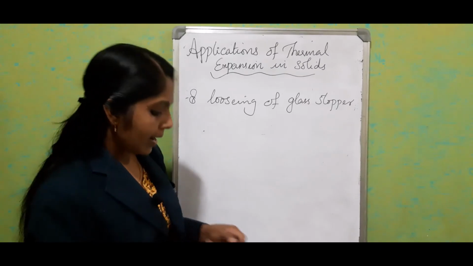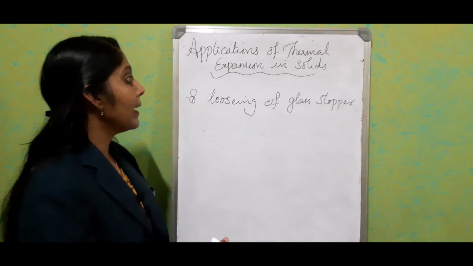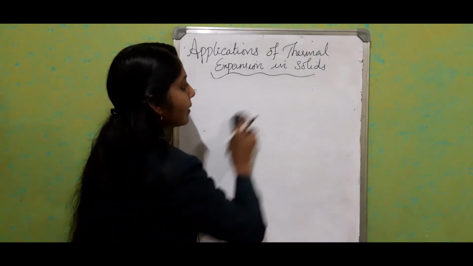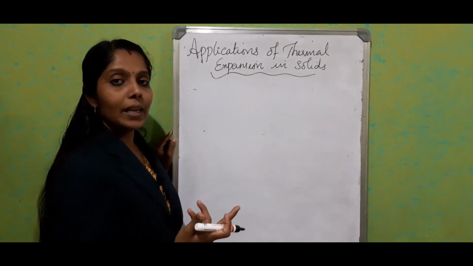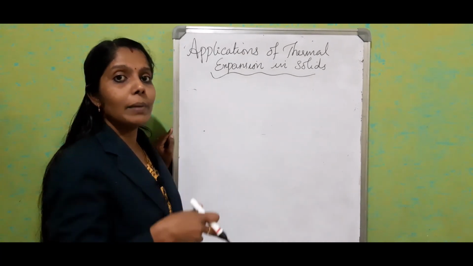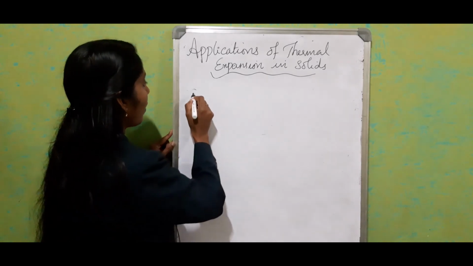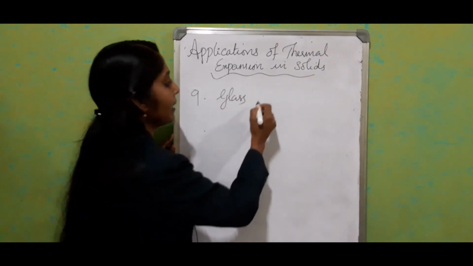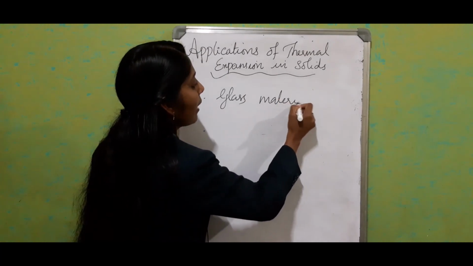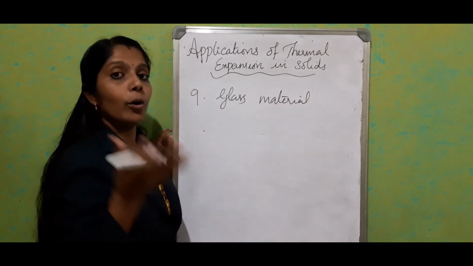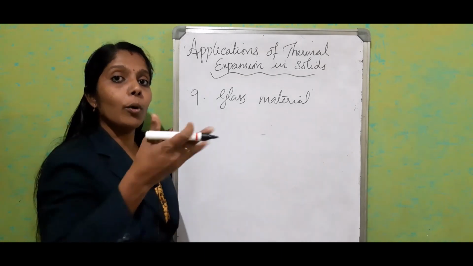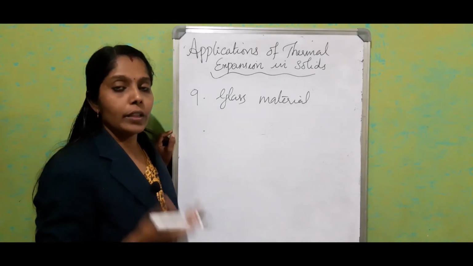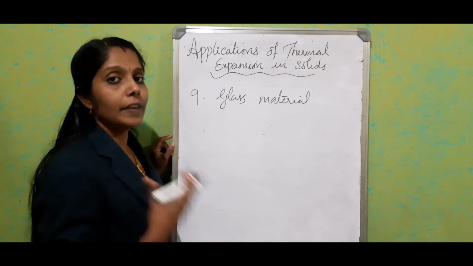And our last example is breaking of glassware. As the seventh one we studied that glassware never breaks if it is made of Pyrex. Now we are talking about common glassware, the normal glass materials. How does it break when we pour hot or boiling water inside? Normal glass is a bad conductor of heat energy.